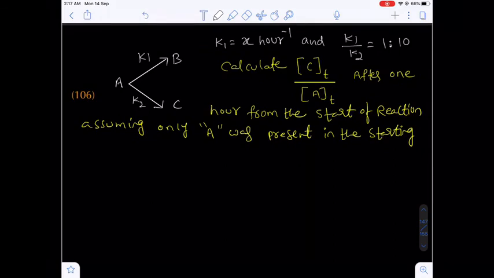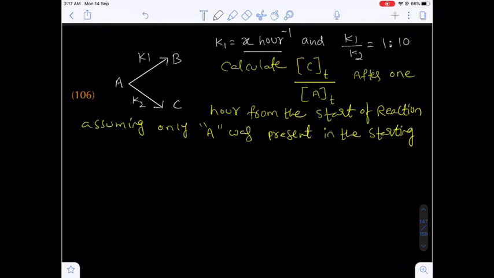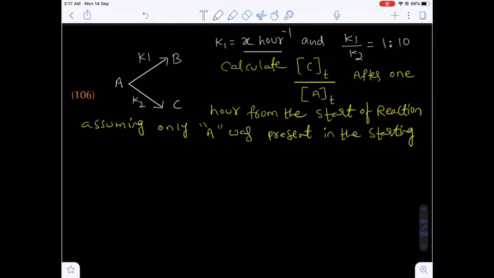What is the question number 106? A gives B and A gives C, the parallel path rate constants K1 and K2. What is the K1 value given? X, hour inverse. Hour inverse means time inverse. So K1 rate constant units corresponding to first order kinetics, and the ratio between K1 and K2 will be given 1/10, that is 1:10.